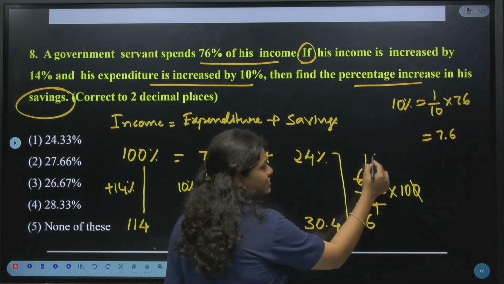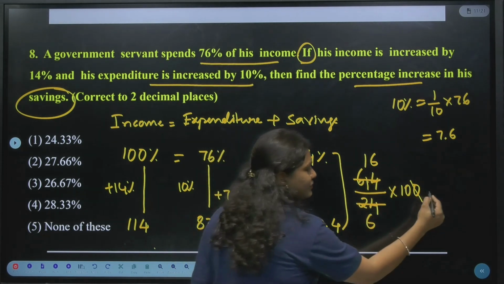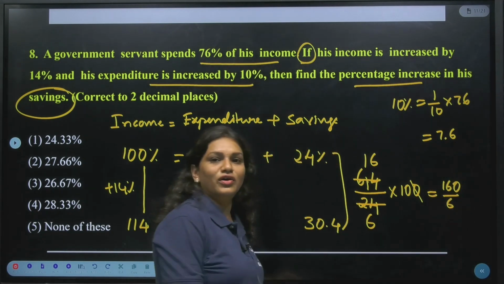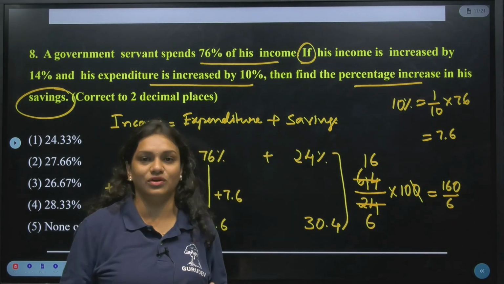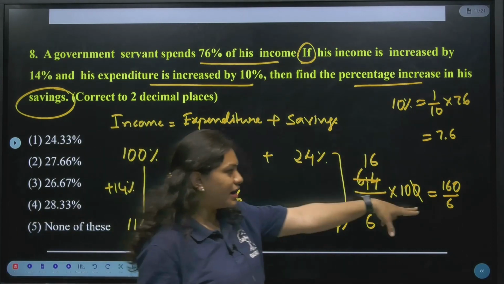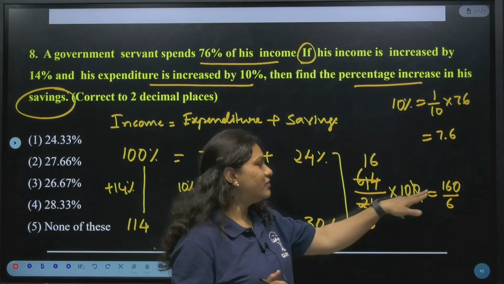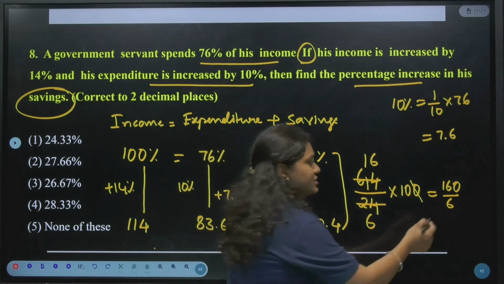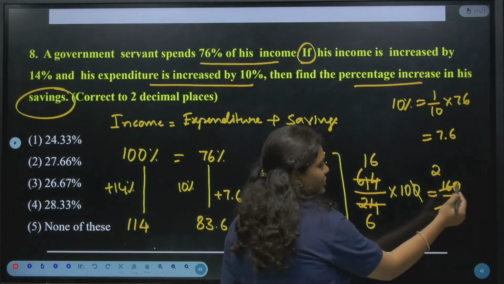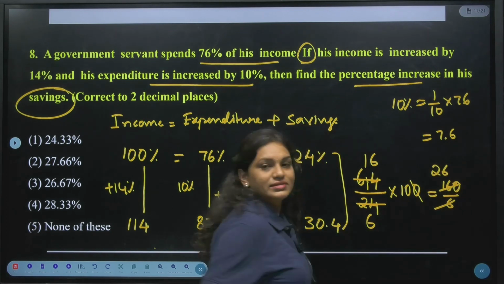So overall we are left with 16 into 10, which is 160 upon 6. See, they are not asking us to find the approximate value, so we have to correct to 2 decimal places. Whatever answer we get will be in terms of decimals. Am I right? Yes. So 160 upon 6: 6 twos are 12, then 40 is left, so 6 sixes are 36.